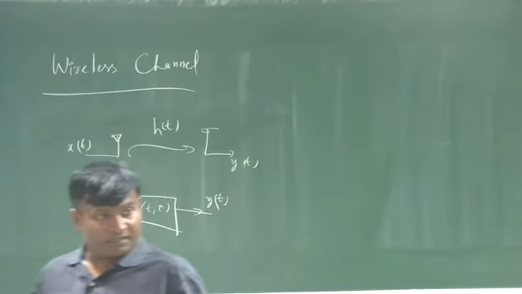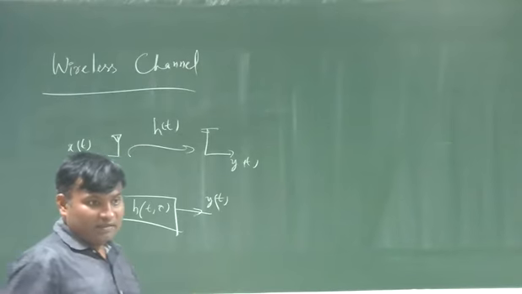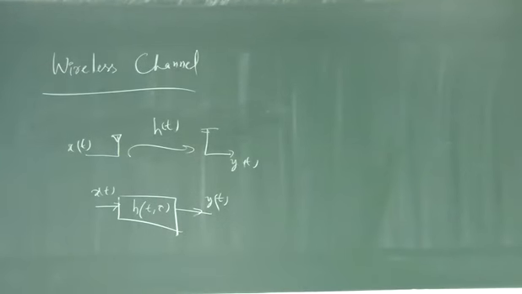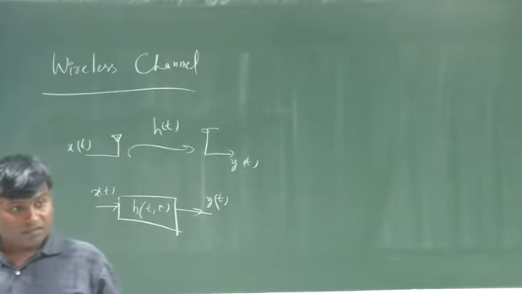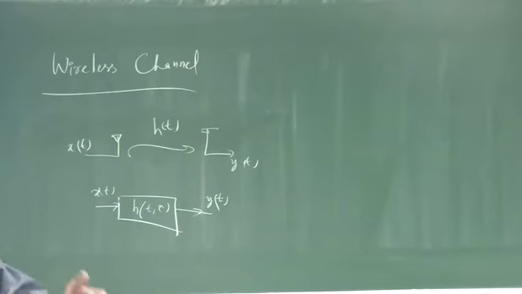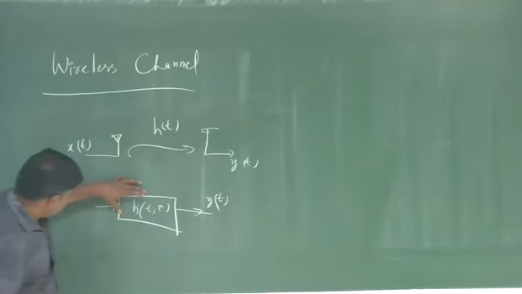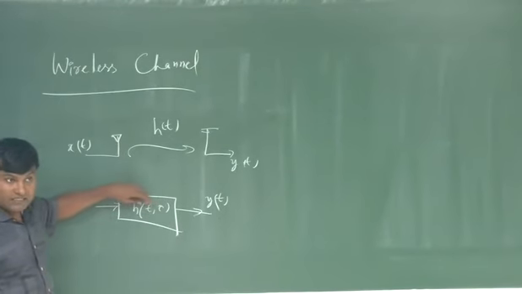Transmitter, that's right. Something is moving. If there are trees, the leaves are moving around. Something is always changing, even if the user is stationary. So there is always an effective speed at which the user is moving. In any case, the impulse response h of tau can vary with absolute time t.